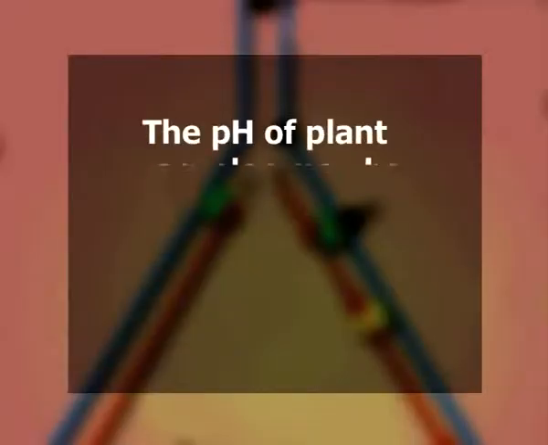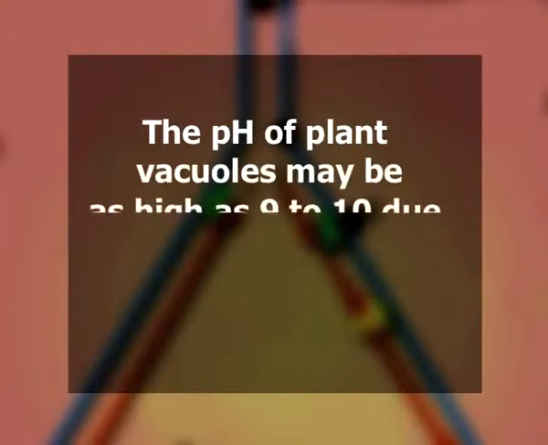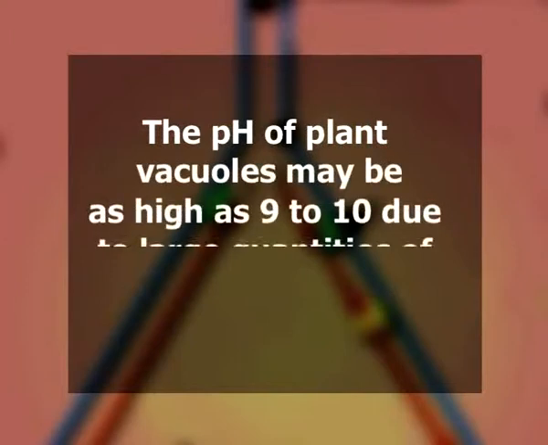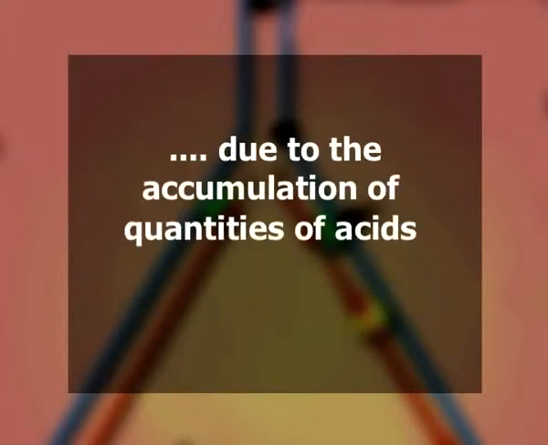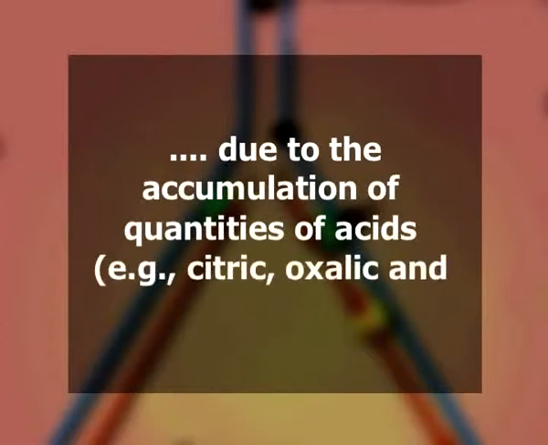In addition, they usually contain sugars, salts, acids and nitrogenous compounds such as alkaloids and anthocyanin pigments. The pH of the plant vacuoles may be as high as 9 to 10 due to large quantity of alkaline substances or as low as 3 due to the accumulation of quantities of acids, for example, citric acid, oxalic acid and tartaric acids.